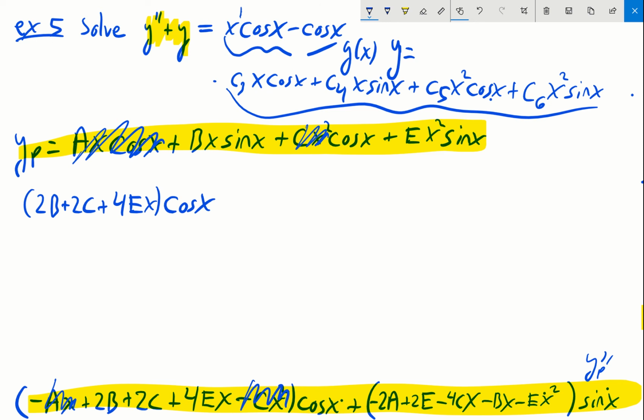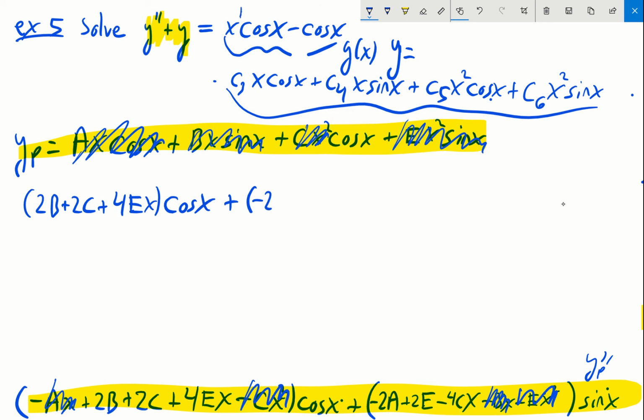Let's come over now to the sine terms. If we add our sine terms together, this positive b sine x term will cancel with, which is essentially a negative b x sine x term, and then this thing here, which is a positive e x squared sine x, will cancel with that part here.